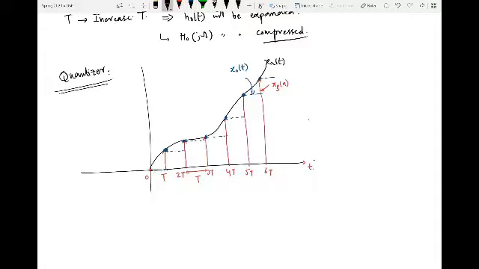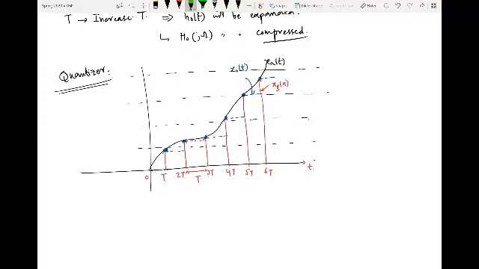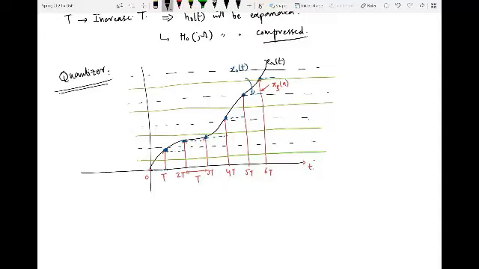So if this is 0, this is 1, this is 2, this is 3, and this is 4, we have got 4 levels, and each of these levels has a center line shown as the reference. We just number the levels as 0, 1, 2, and 3.